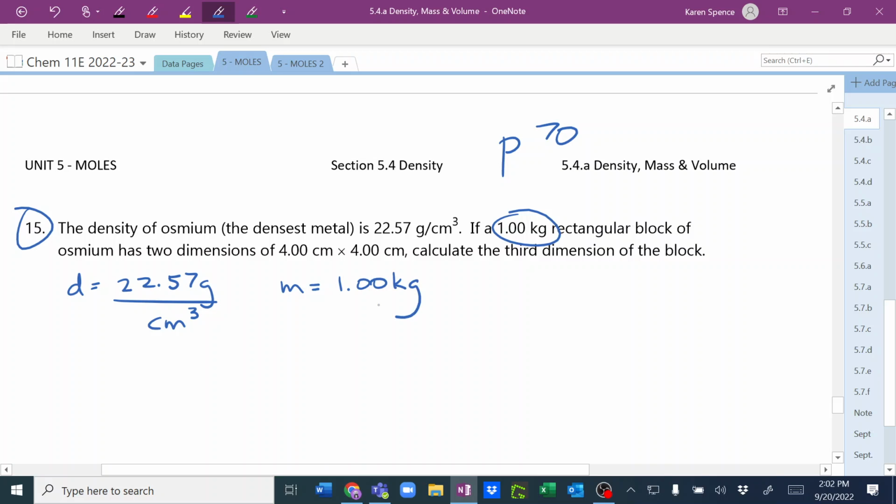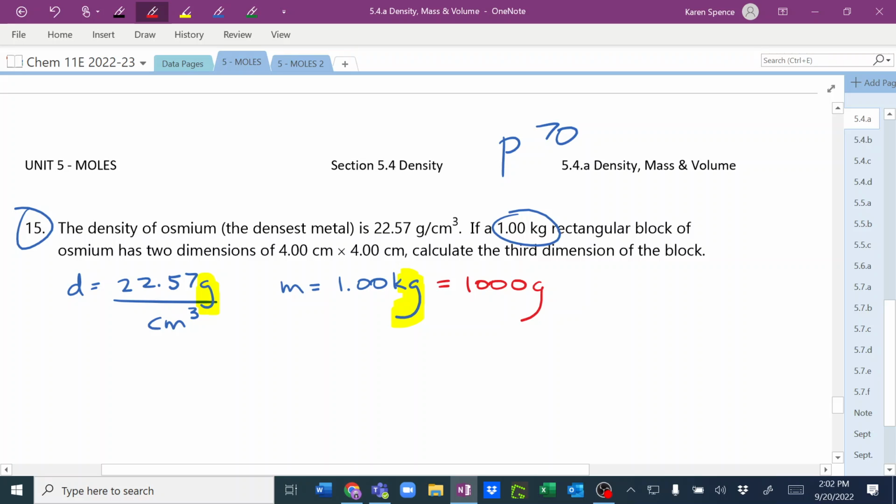And I'm looking at this, and this is grams, that is kilograms. I probably want those to be the same. So I'm just going to go ahead and say that's 1,000 grams, just to make my life a little easier.